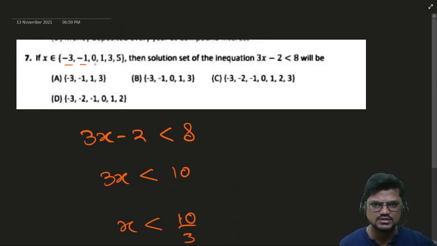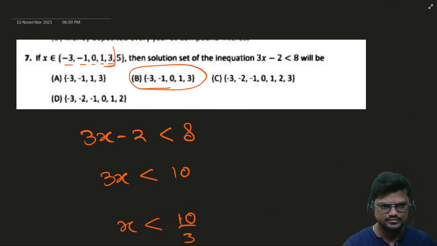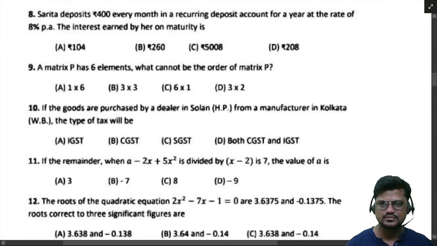That means all these values will come. So which is the option? You have all of them. That is this. So option B is the right answer. Some people have given D also. Chaitanya, Ruchil, some of you have given option D and the rest of them have given option B. That is right. Okay. The next.